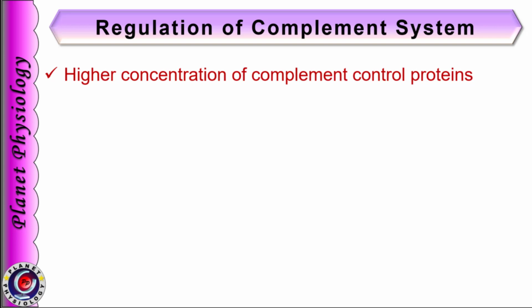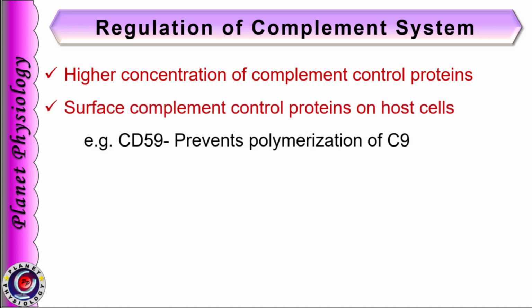First, the concentration of various complement control proteins in the blood is normally more than that of complement proteins themselves. Second, host cells also possess complement control proteins on their surfaces. For example, CD59 protein. These proteins prevent polymerization of C9 and hence the formation of lytic complex.